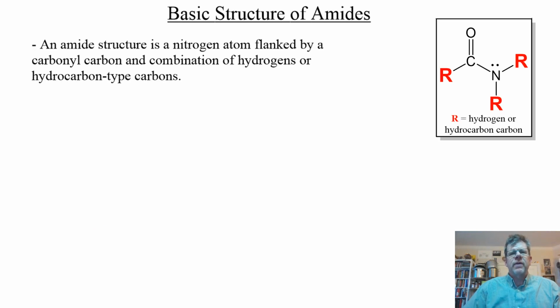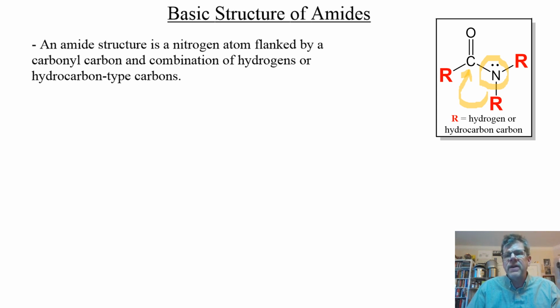So let's move over now into our second nitrogen-containing functional group, that of amides. Now, an amide is different than an amine, and sometimes that difference is subtle. Typically, it is a functional group with nitrogen in it, looking over here on the right-hand side, but different than amines, that nitrogen is always connected to a carbonyl carbon. That's not a hydrocarbon type carbon.